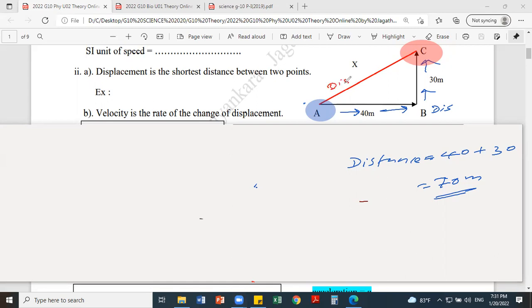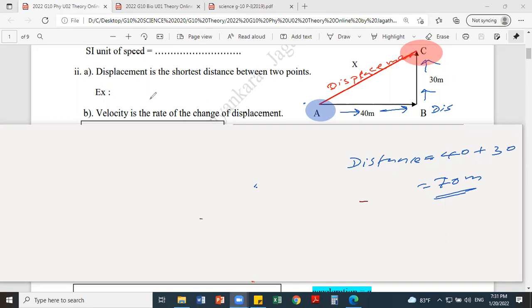Can anyone suggest a method? I want to find the shortest distance from A to C. In other words, I want to find the displacement. Please raise your hand. Only 4 students raised their hands. You have done basic maths.